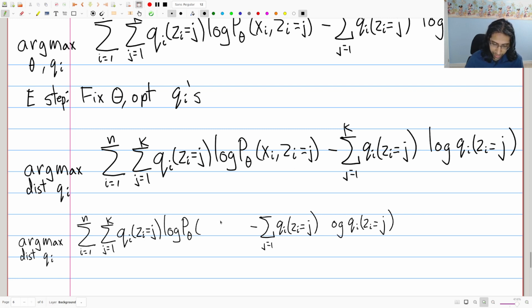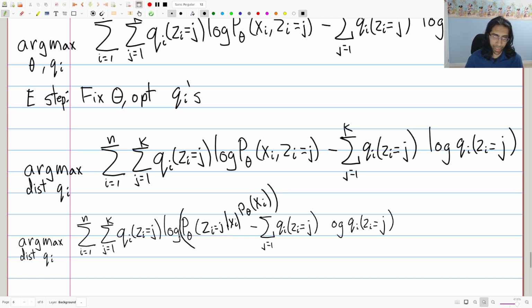So one way to write this is zi equals j conditioned on xi, times, within the log here, p theta of xi. This is just using a standard rule of probability.